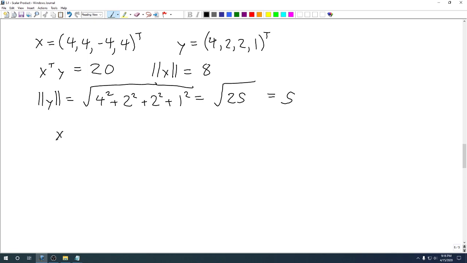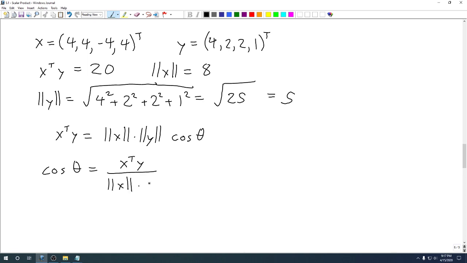Well, if we have x transpose y equal to the magnitude of x times the magnitude of y times the cosine of the angle between them, we can solve this. And usually this is actually the way we use it, because usually the angle is the hardest thing to get. And so we just use the scalar product, which has a nice formula, in order to solve for theta. So cosine of theta is equal to the scalar product divided by the product of the magnitudes.